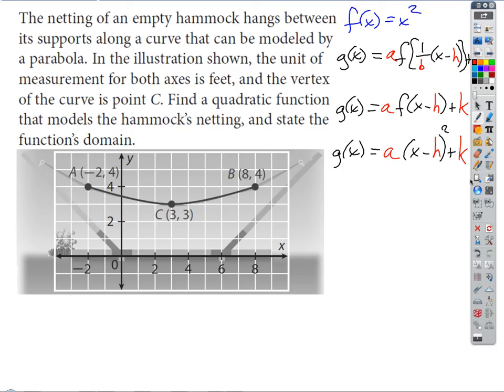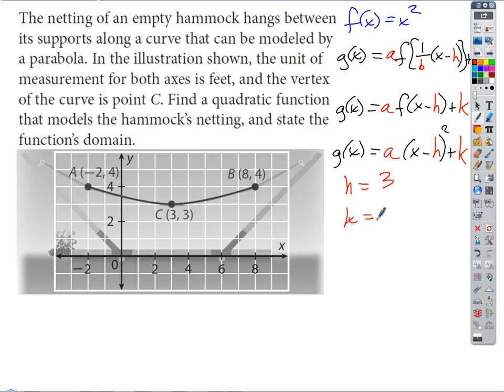What do we know? Let's do the easy ones first. Let's do the ones that we can spot by inspecting the graph. How far has this thing been shifted? Our parent function been shifted to the right? 3. So positive 3, right? So which one of those am I naming? H. So h equals positive 3.